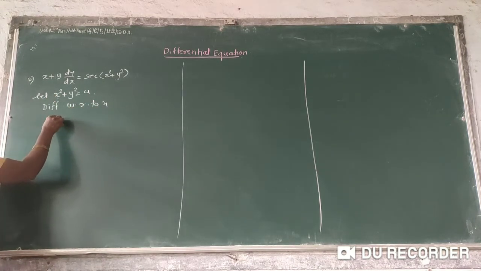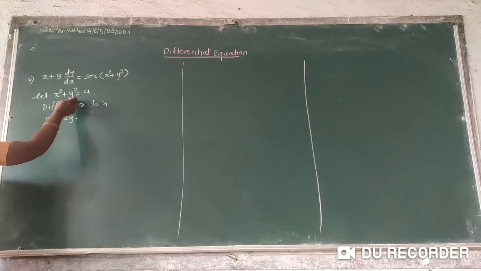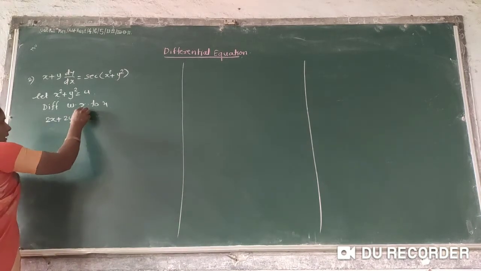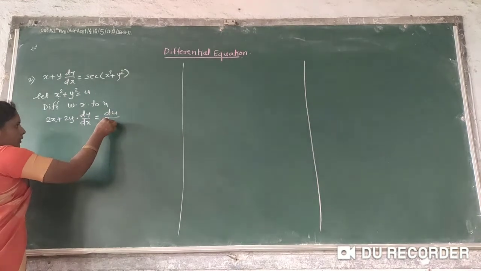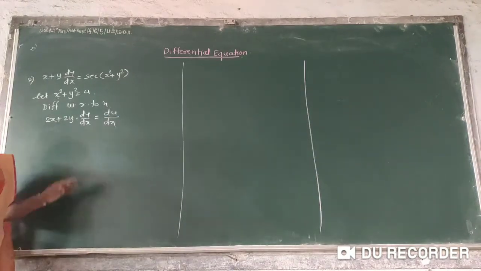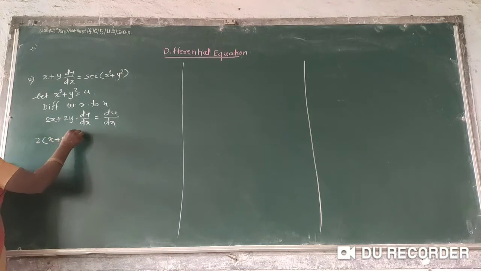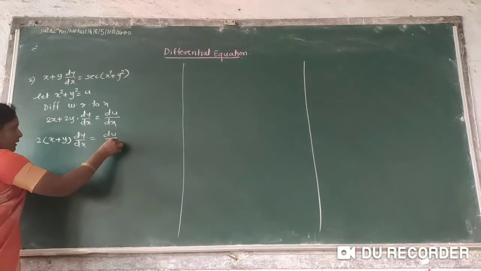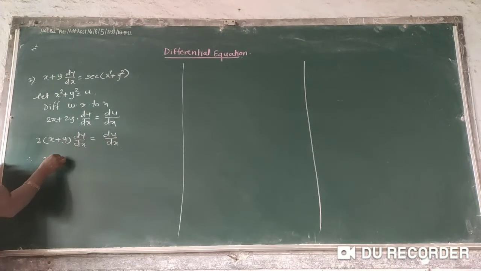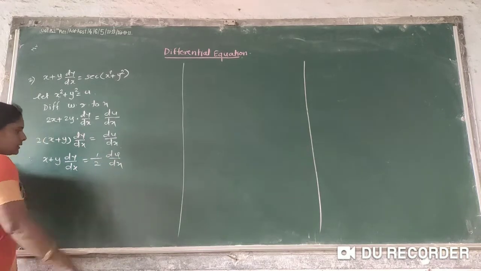Derivative of x square is 2x plus derivative of y square is 2y dy by dx, equal to derivative of u with respect to x, which is du by dx. Take 2 common, we get 2 into x plus y dy by dx is equal to du by dx. Therefore, x plus y dy by dx is equal to 1/2 du by dx.